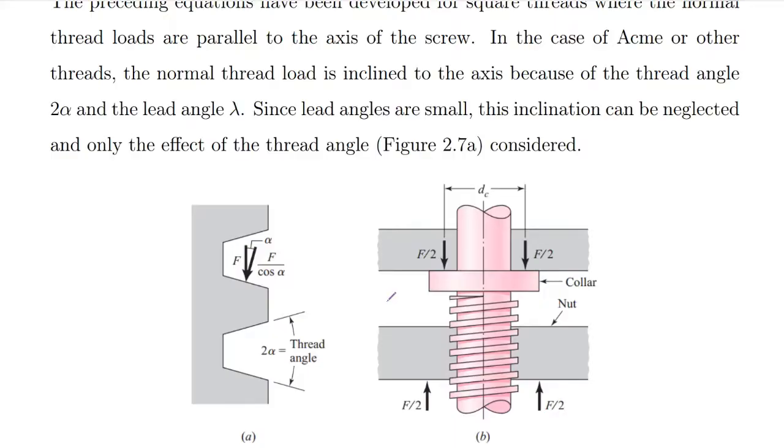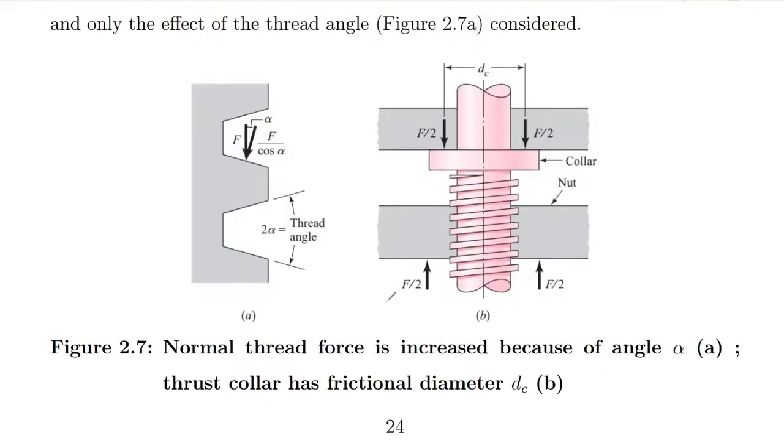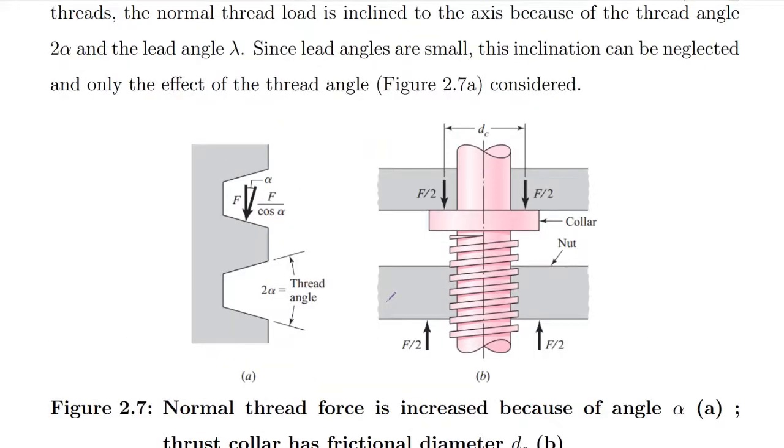Since lead angles are small, this inclination can be neglected. So for Acme threads, we could neglect the lambda, and then we may consider what we have over here.